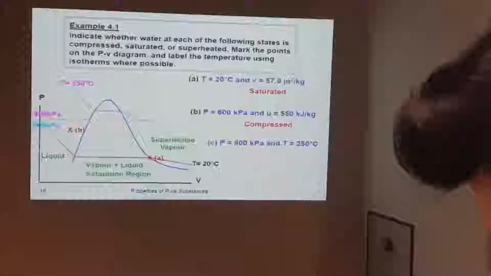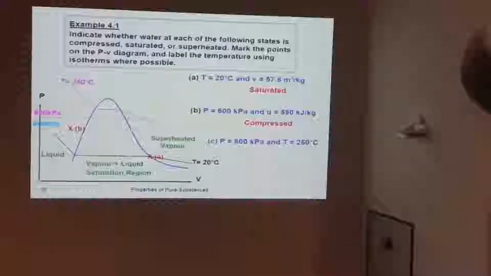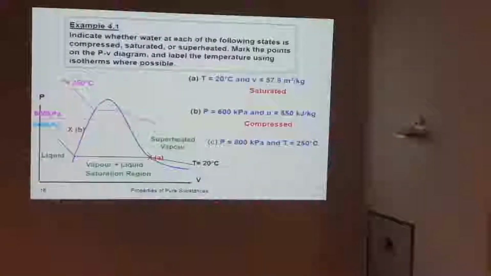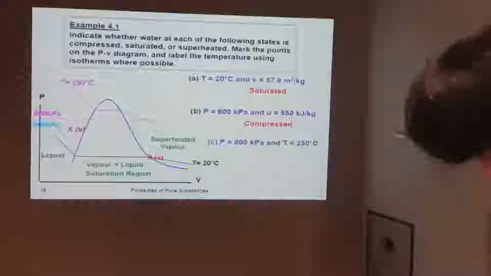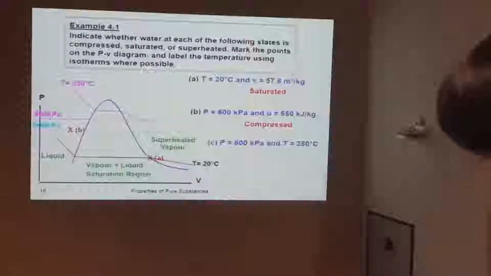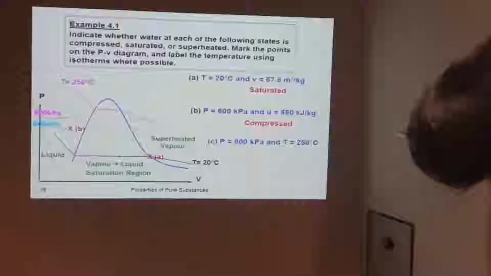Okay? 250 should be higher than this. So you can indicate here the temperature you found for this dotted line, which should be 170.4. That is your saturation temperature for this pressure, 800 kilopascal.